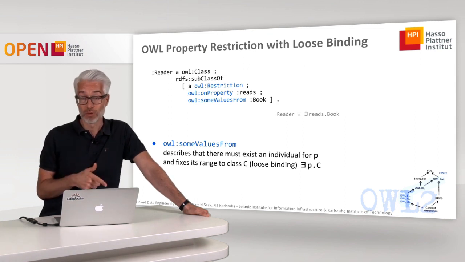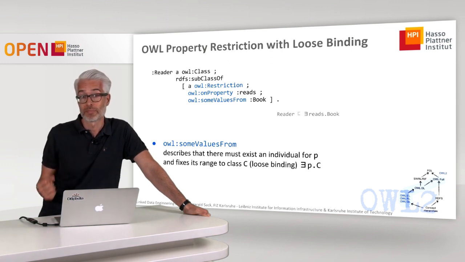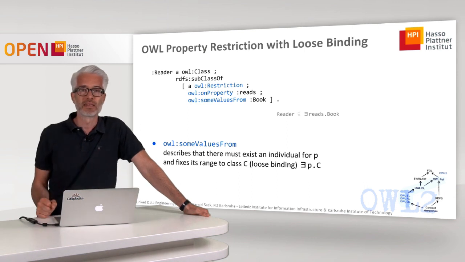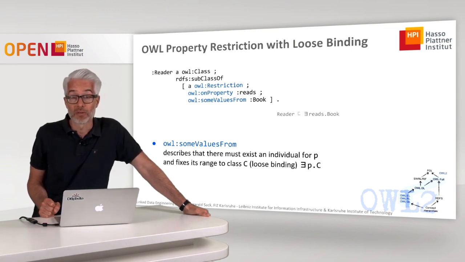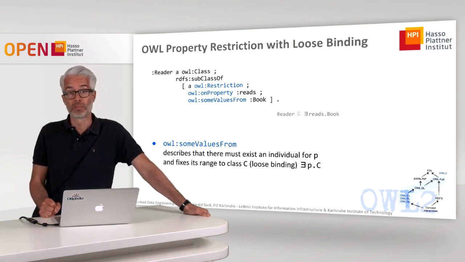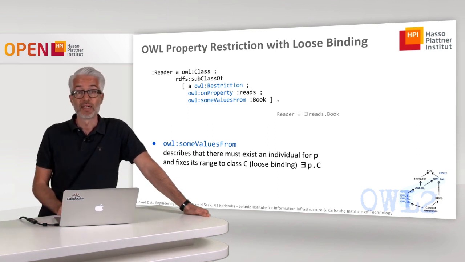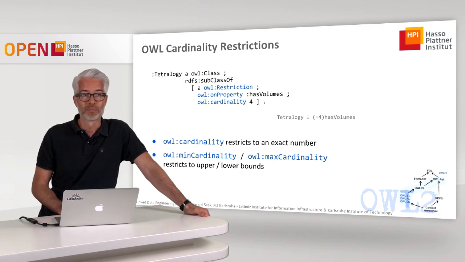He does not have to, it can only be books, but it can be. So, some values from here describes that there must exist an individual for this property P and fixes its range to a class in the sense of a loose binding. So this is an existential property restriction. Don't worry, we will have this in the exercises and you will certainly learn that, and you will value the use to define these more complex classes.